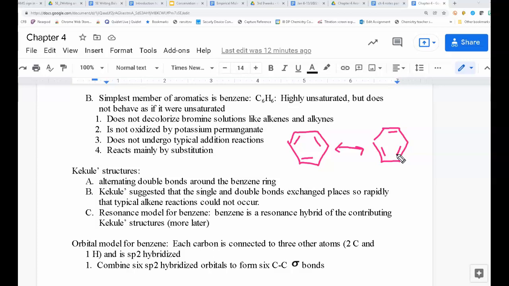All he said basically is that the double bonds are switching places so fast that the typical alkene reactions could not occur. That's what he thought was going on. While that is in essence what we mean by a resonance hybrid, we understand it a little differently now. So that's what Kekulé represented.